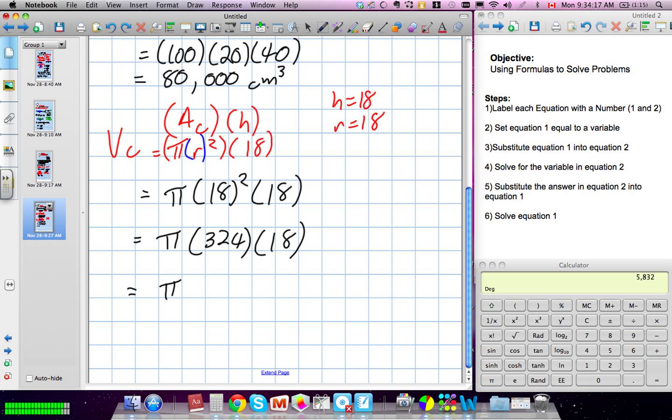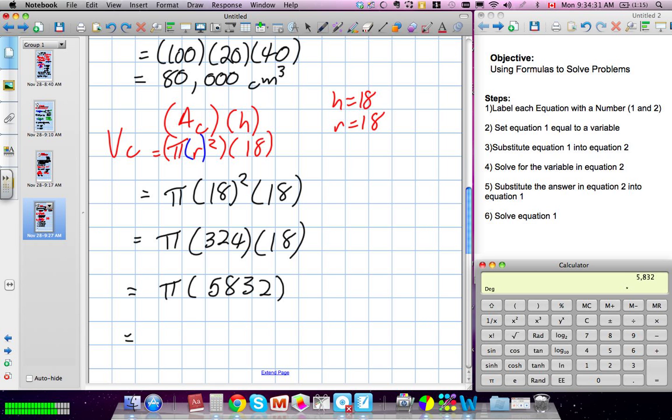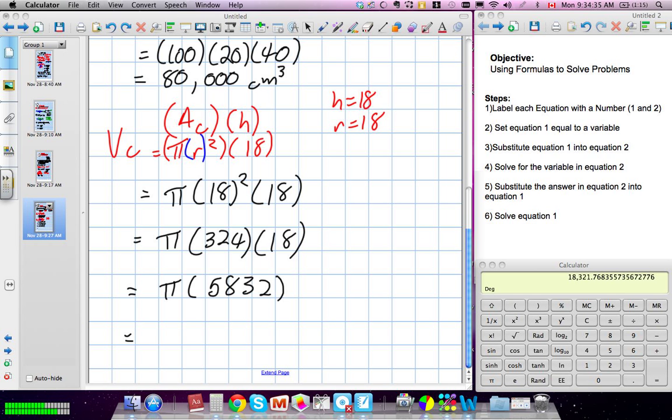And finally, 5,832 times pi is 18,321.8. And again, this is in centimeters cubed because we found volume.